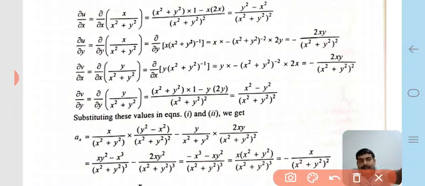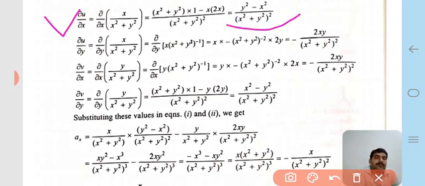Firstly, for del u upon del x, putting the velocity component u is x upon x square plus y square and taking the partial derivative with respect to x, after solving we get y square minus x square upon x square plus y square whole square.